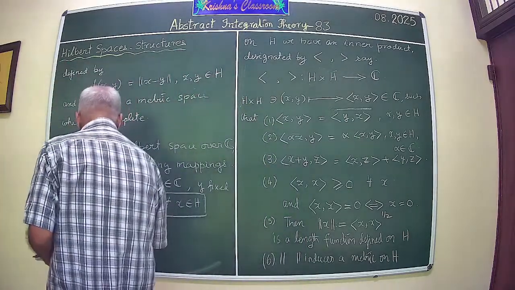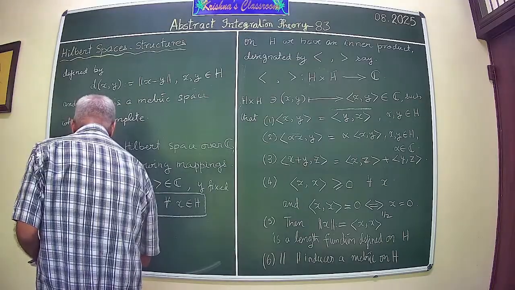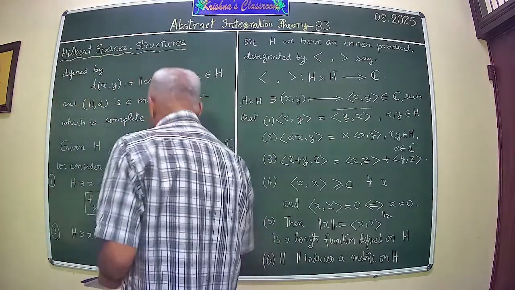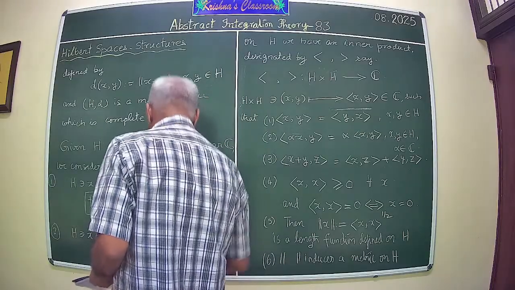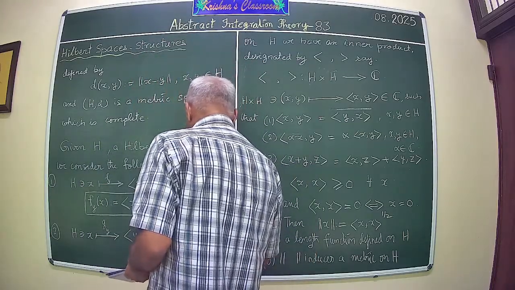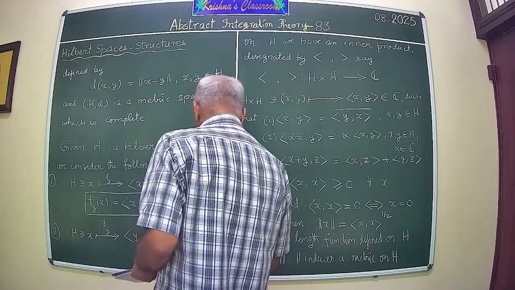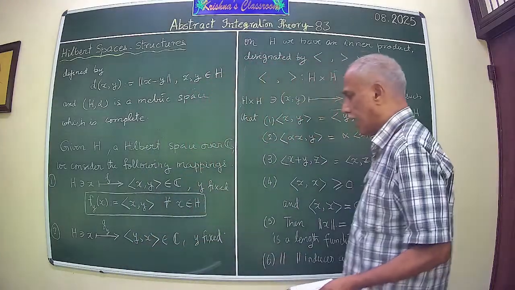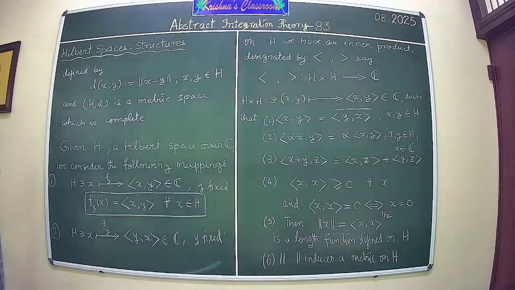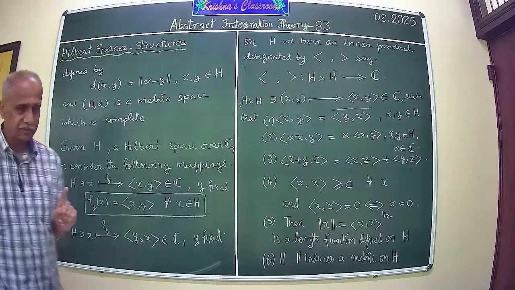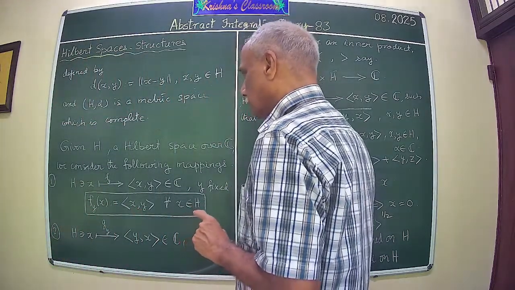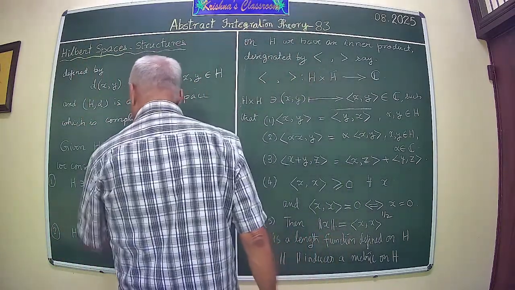So we call this g_y, which belongs to C. So you take any vector y belonging to H, it induces two maps on H, namely f_y and g_y.